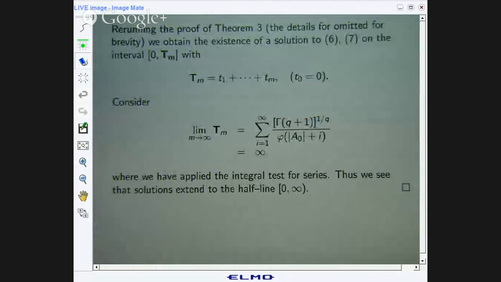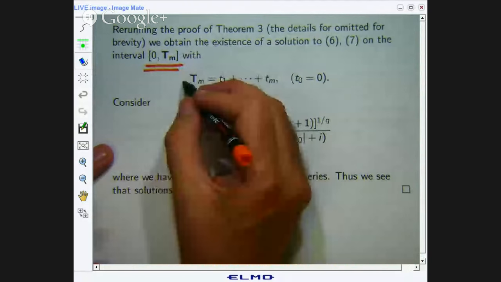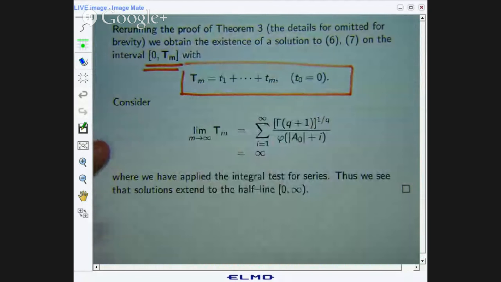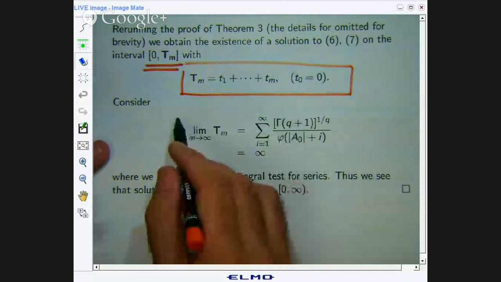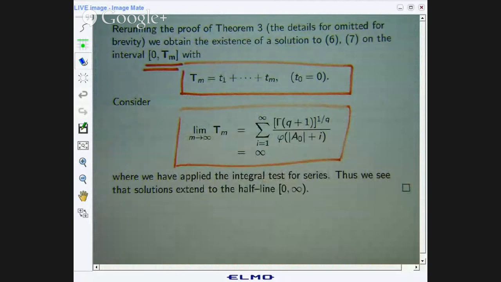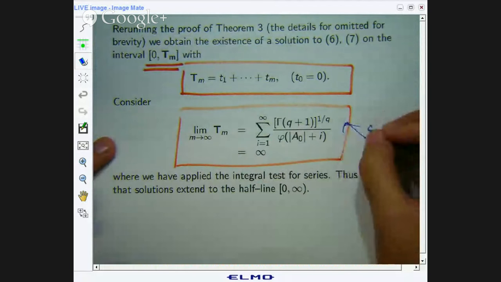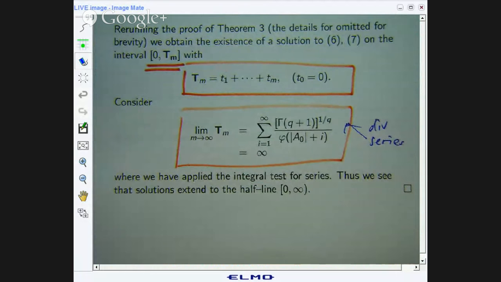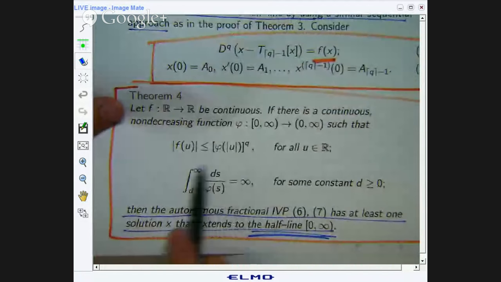So you rerun the proof of Theorem 3, and you get a solution on this interval where big T sub m, or boldface T sub m, is this sum here. And then you take the limit. What happens as m goes to infinity? You get another divergent series by the integral test. Okay, again, that's it there.